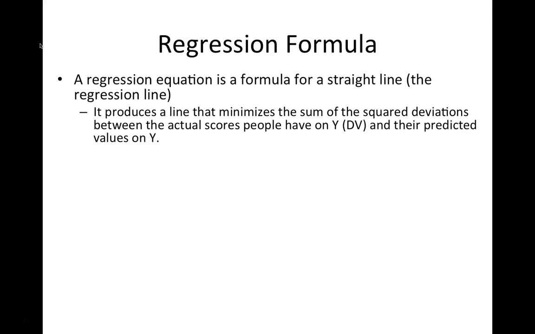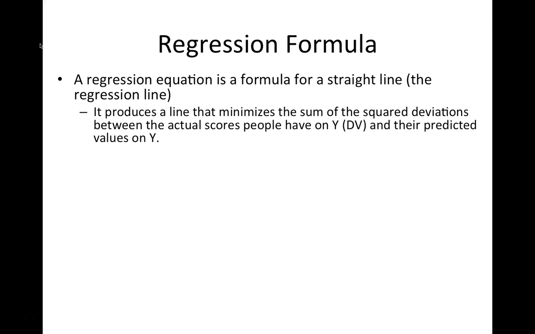A regression equation is a formula for a straight line, basically. If you think way back to some of your algebra classes, you might be able to think about what that formula looks like. This regression line equation produces a line that minimizes the sum of the squared deviations between the actual scores people have on the outcome variable and their predicted values on that outcome variable.